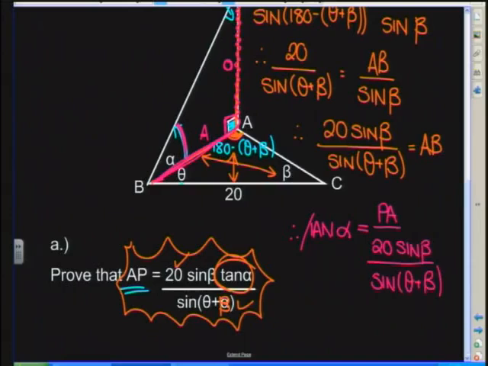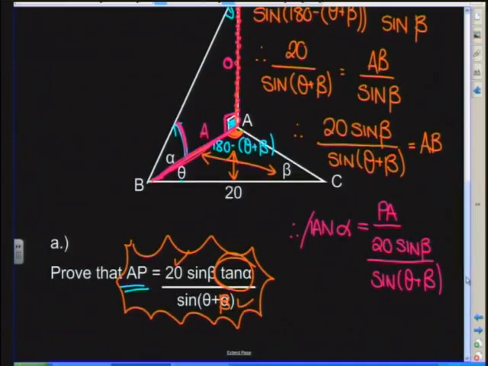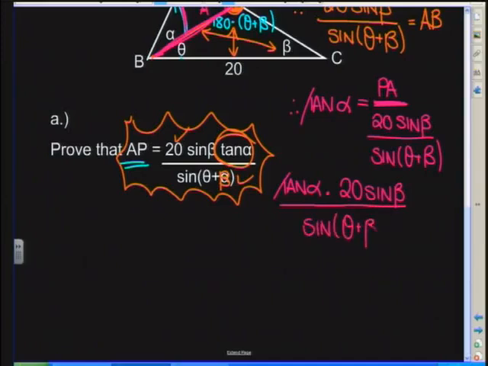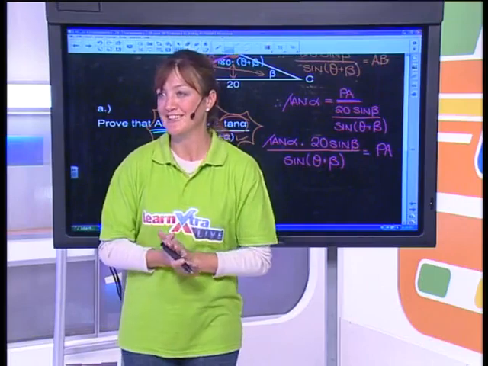So final step, we want to get PA on its own, and instead of dividing, we multiply. So we say tan alpha multiplied by 20 sine beta over sine of theta plus beta, and that equals your PA.